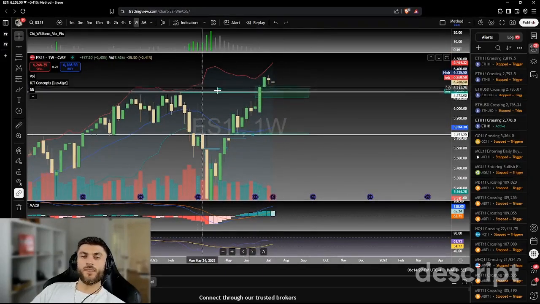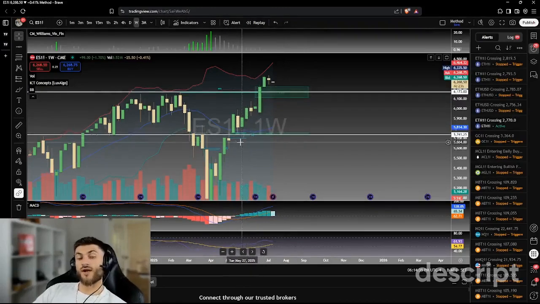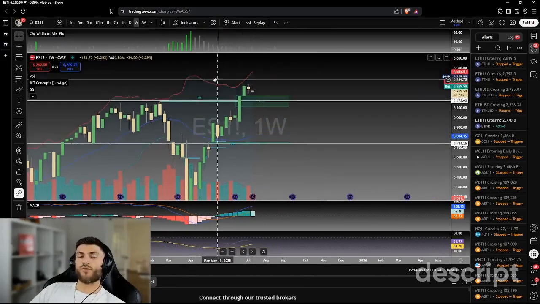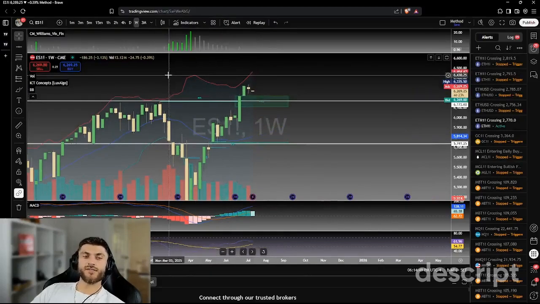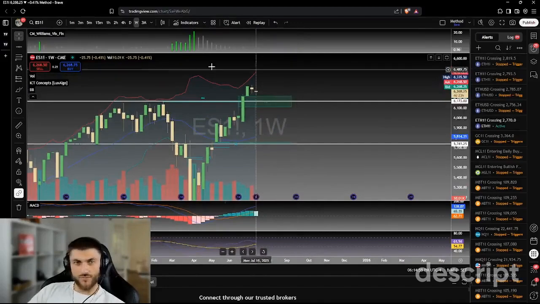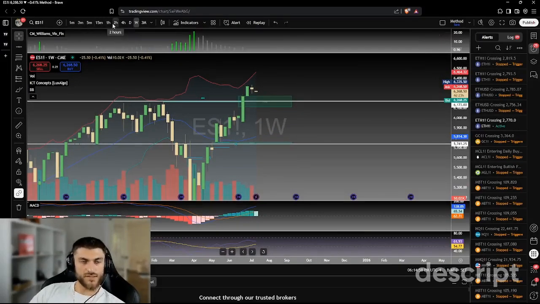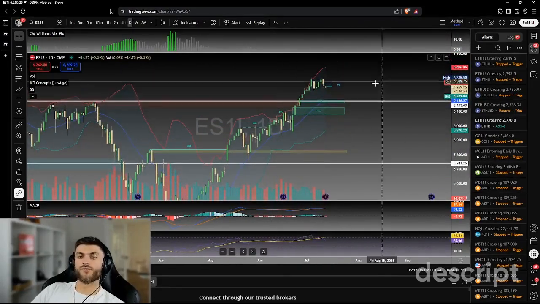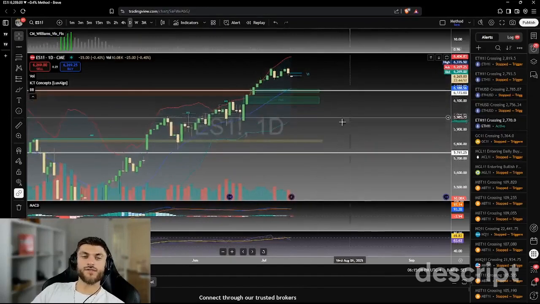But a lot of his information is really relevant because he's right about how the market operates and how these things dictate how market makers are going to move price based off of where there's imbalances, and these algorithms' main objective is to grab liquidity and balance the market. So a lot of his concepts are relevant and do provide a lot of value if you understand them. Now, if you just throw all these things on the chart and you don't know what this means, it's not going to do you any favors.